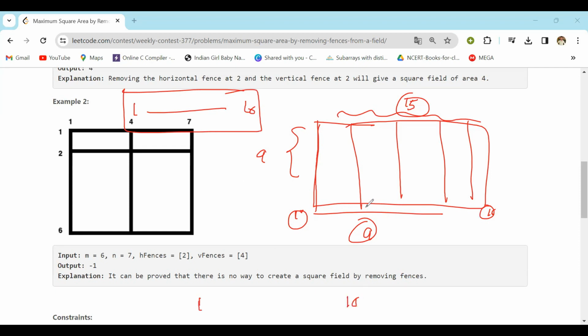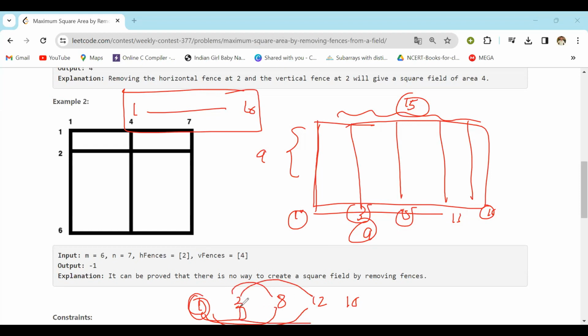Let's say we have fences at 3, 8, 12. Now what do we need? We need a length of 9. So if we keep the starting point as 1, can we get a length of 9? 1 to 3 is 2, 1 to 8 is 7, 1 to 12 is 11. No, it's exceeding 9. So from starting point 1, we cannot create a boundary of length 9. Then from 3 to 8, it's 5, 3 to 12, it's 9.